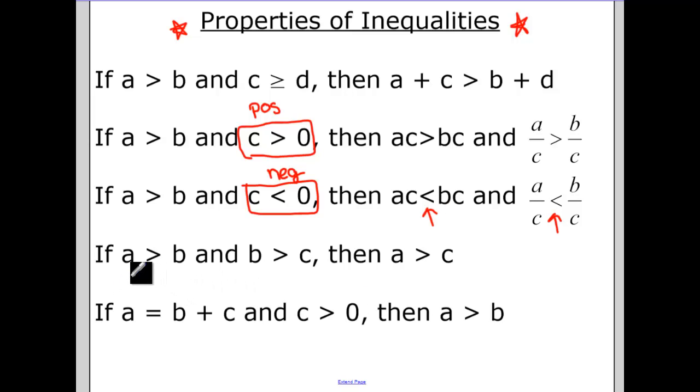If A is bigger than B, so 3 is greater than 2, for example, and B, which is 2, is greater than C, which is 1, therefore A, which was 3, has to be greater than 1.